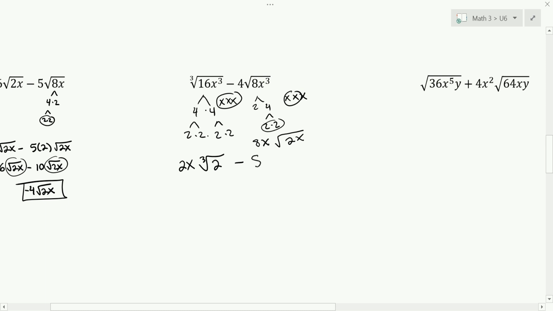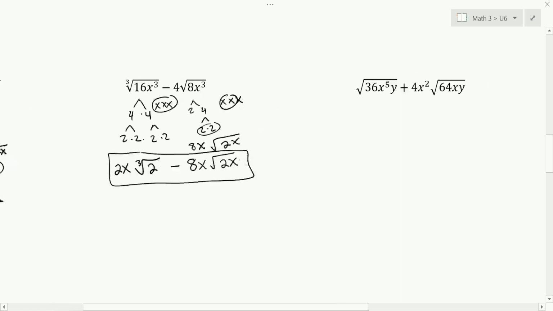So we got minus 8x square root of 2x. Okay. And can I go any further, or do I need to stop there? Stop. Because one's a cube root, one's a square root, and then even what's underneath the root signs doesn't even match. And so that's as much as we can do.